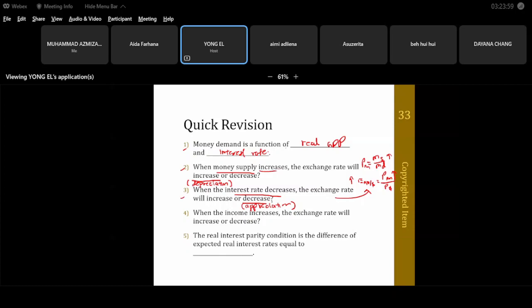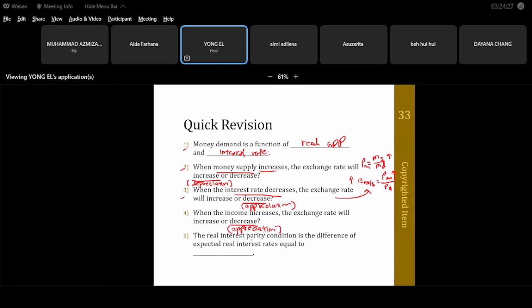When the income increases, the exchange rate will increase or decrease? Decrease also. Okay. Are you sure this is decrease? Okay. Right. All right. Everyone supports decrease. So I just trust you.